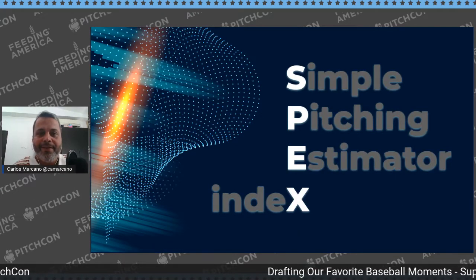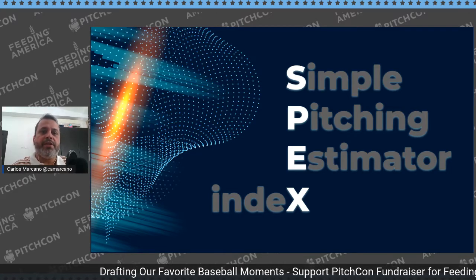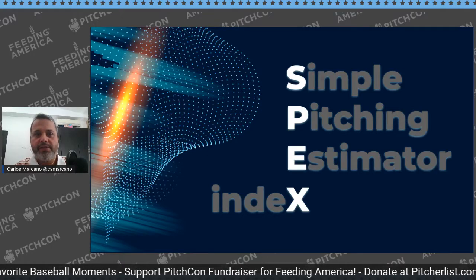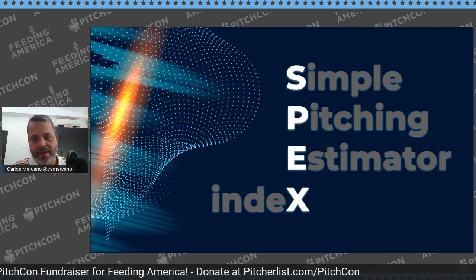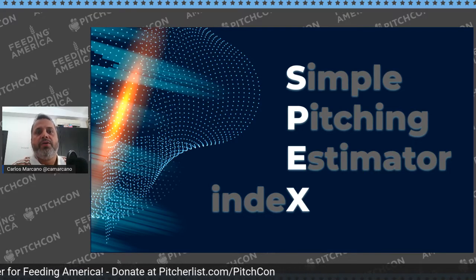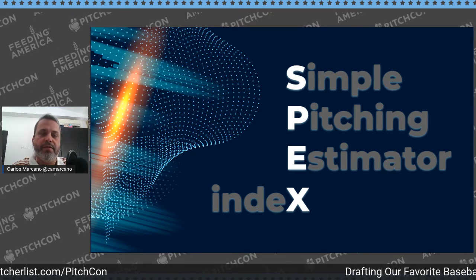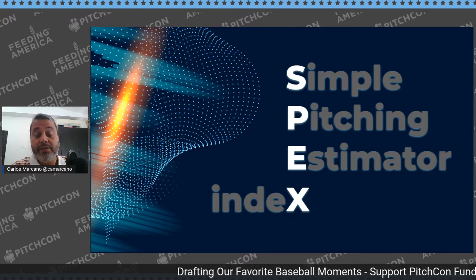Perfect. Thank you. Okay, so let's start with the name for sure. SPEX is the Simple Pitch and Estimator Index. And I want to put emphasis on simple and estimator because the idea behind SPEX is to simplify a lot of the stuff that's already there, the amazing information and stats that everyone is using.